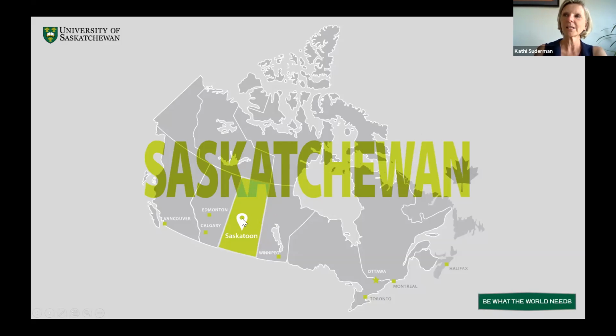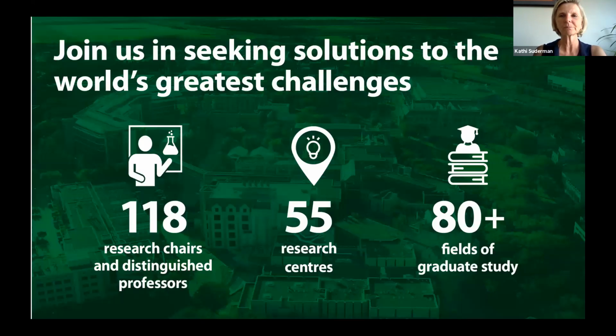We're located in the city of Saskatoon, in central Saskatchewan. Similar to what Calvin said about Calgary, Saskatoon is not the capital of the province, but it is the largest city in the province. I'm not going to say too much more about our city here, but I'm going to show you some places where you can learn more about it a little bit later on.